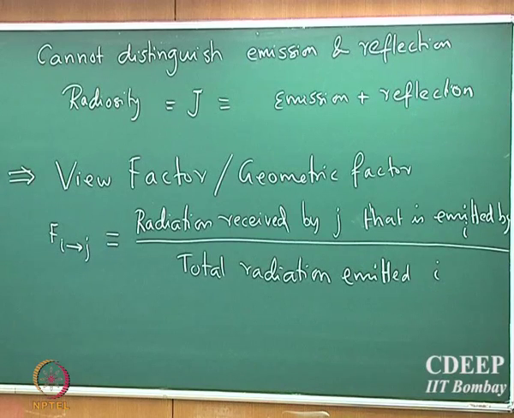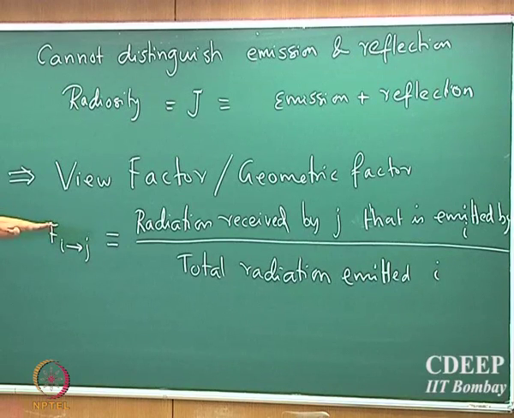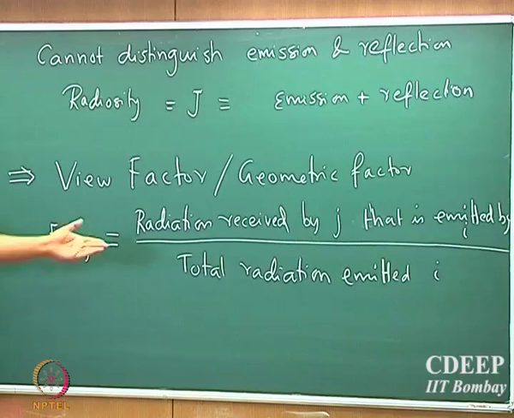The capital F is the symbol that we will use for view factor. This defines the view factor as the fraction of radiation which is emitted by surface I and is received by surface J.